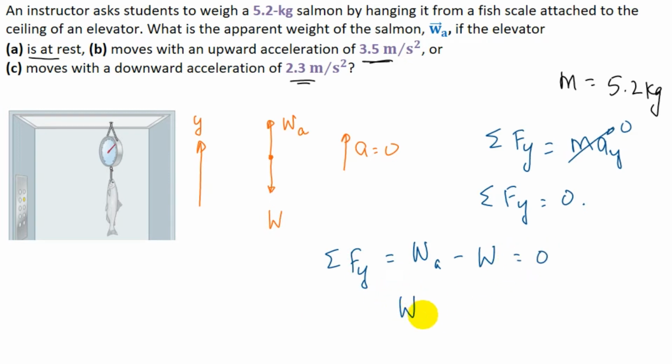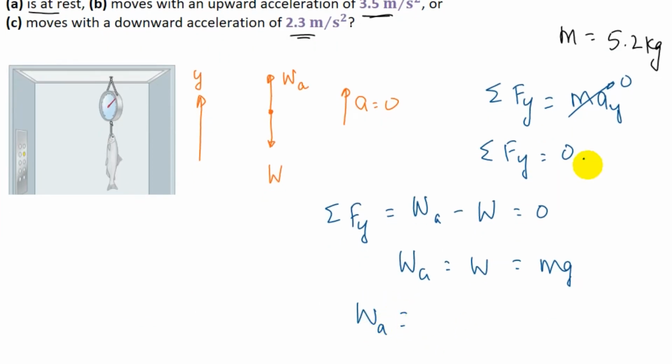From here the apparent weight Wa equals the actual weight W, which is basically mg. So Wa equals the mass 5.2 kg times g, 9.81, which equals 51 Newton. So this would be the answer for the A part.